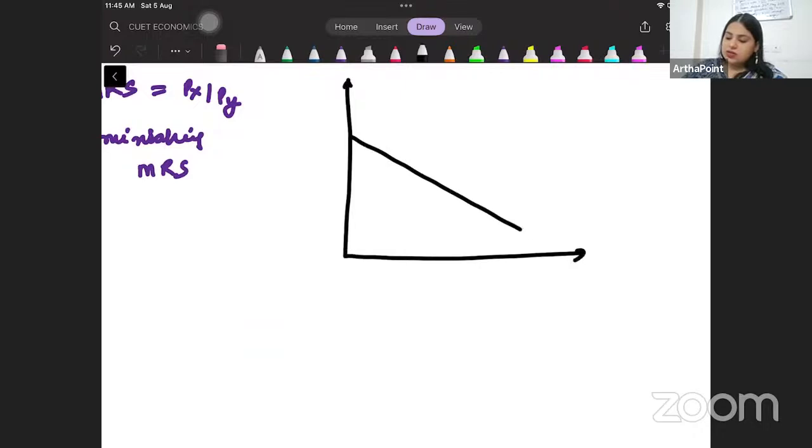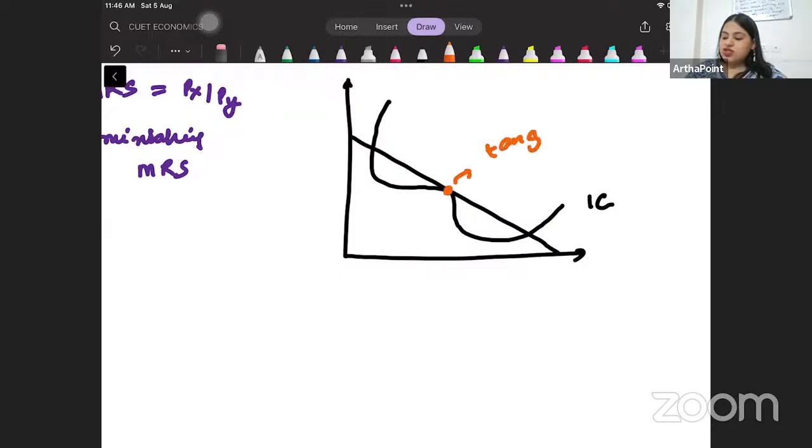This is my budget line. Supposedly, this is my indifference curve. Then if you notice, tangency is attained here also. Here also tangency is achieved. But MRS is not diminishing.